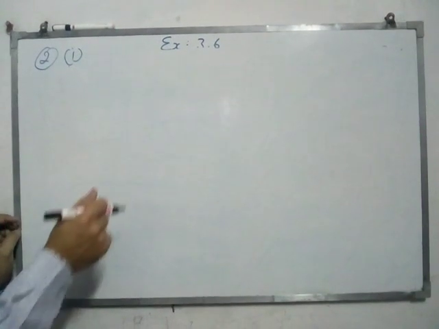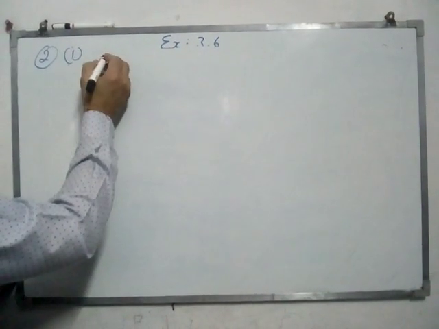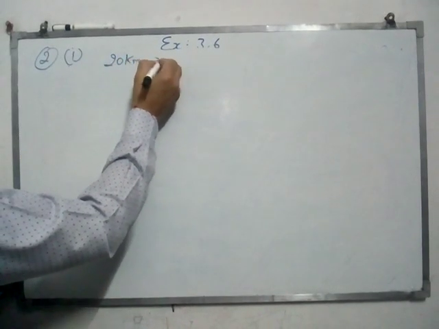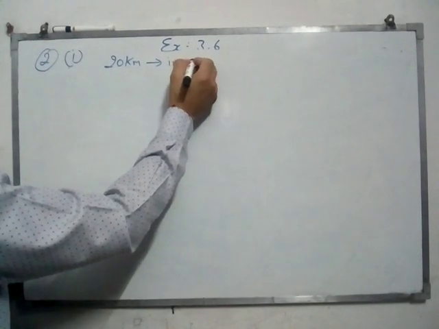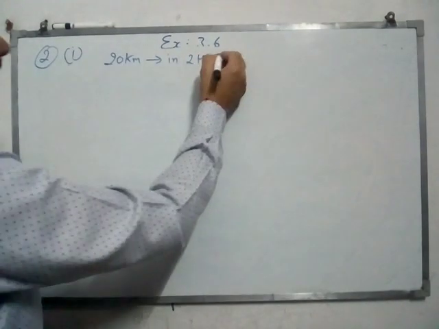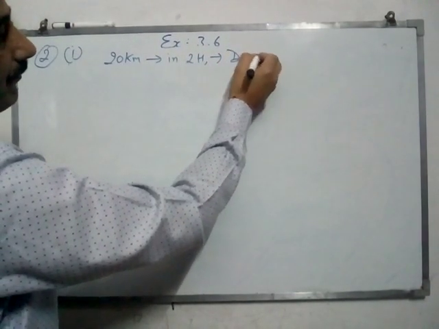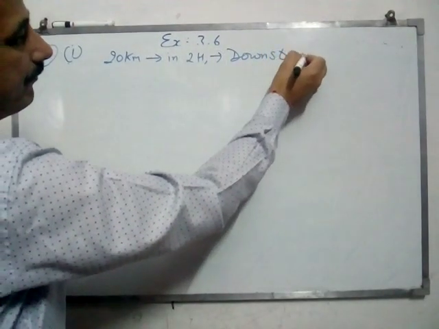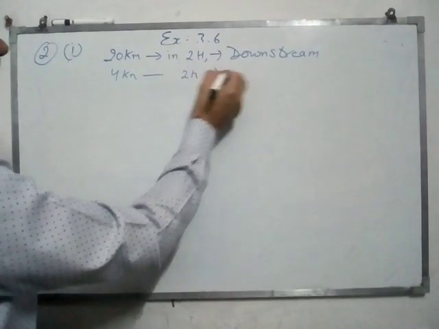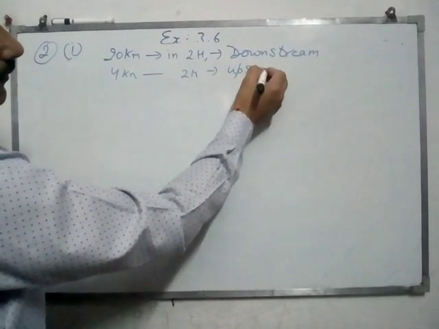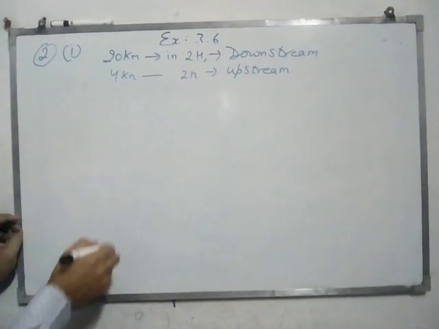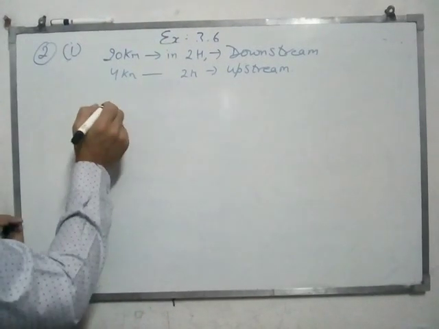Ritu can row 20 kilometers in 2 hours downstream, and 4 kilometers in 2 hours upstream. Right? So find the speed of rowing in still water and the speed of current.